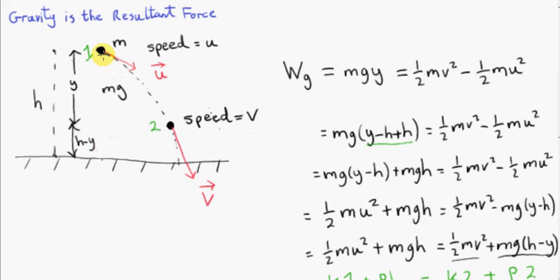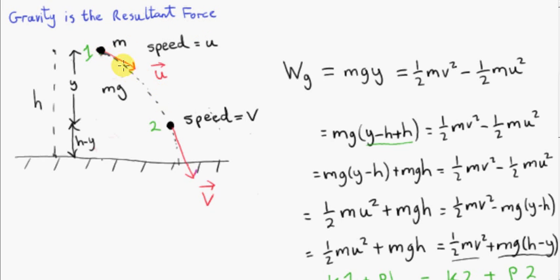We stated without proof in a previous video that the work done by gravity in this situation is also given by mgy. So we only need the vertical distance between these 2 points, points 1 and 2. It doesn't matter how the particle goes from here to here, as long as we are just talking about the work done by gravity, and gravity is the only force, or the resultant force, acting.